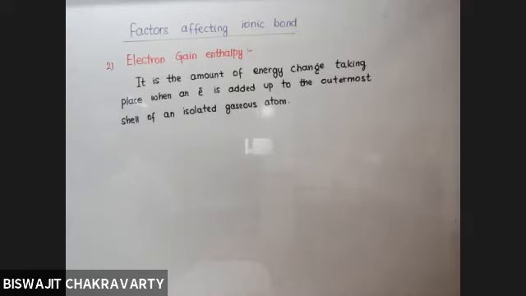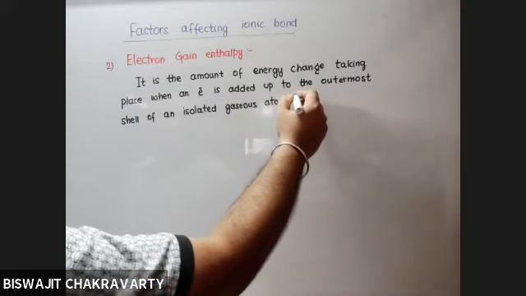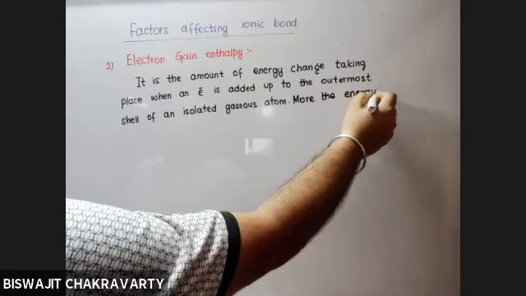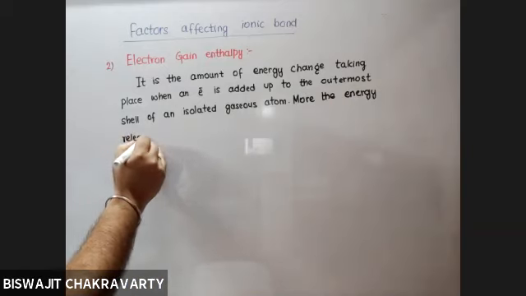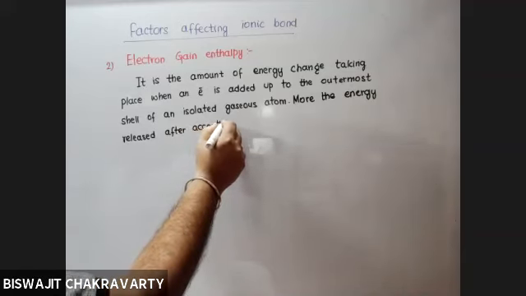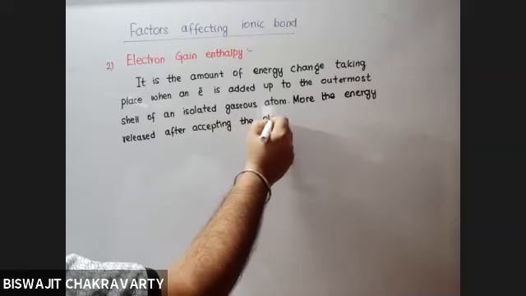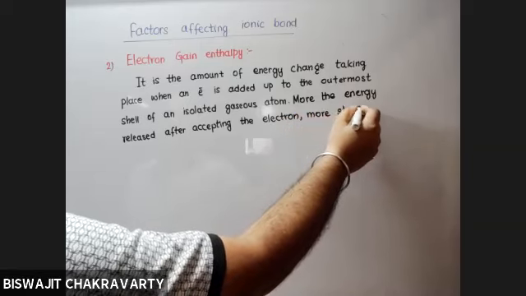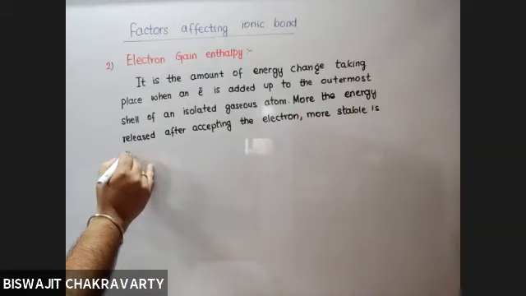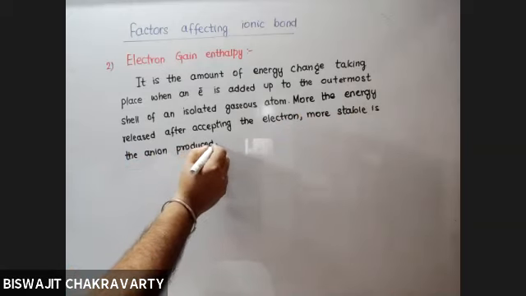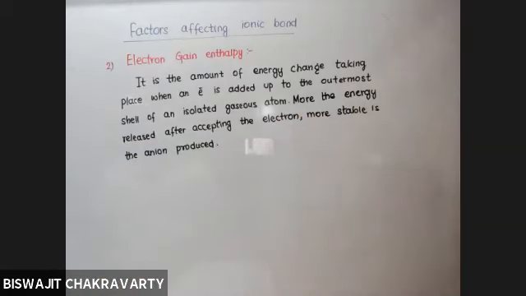Same way we say that more the energy released after accepting the electron, more stable is the anion produced.